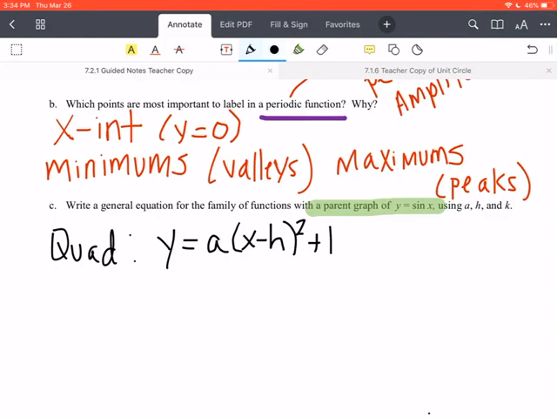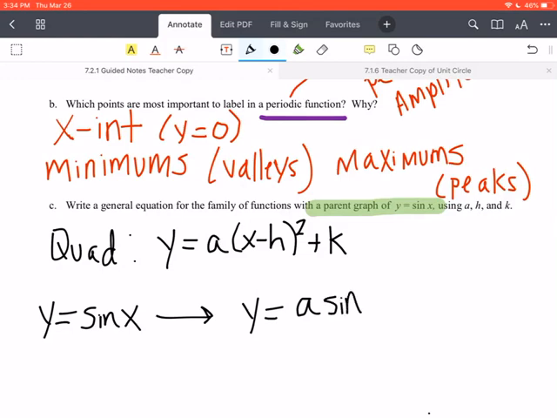Okay, where h controlled the horizontal shift, k controlled the vertical shift, and a controlled the reflection and the stretch or compress. So, with the parent graph y equals sine x, our general function is going to be y equals a times the sine of (x minus h), and then plus k.